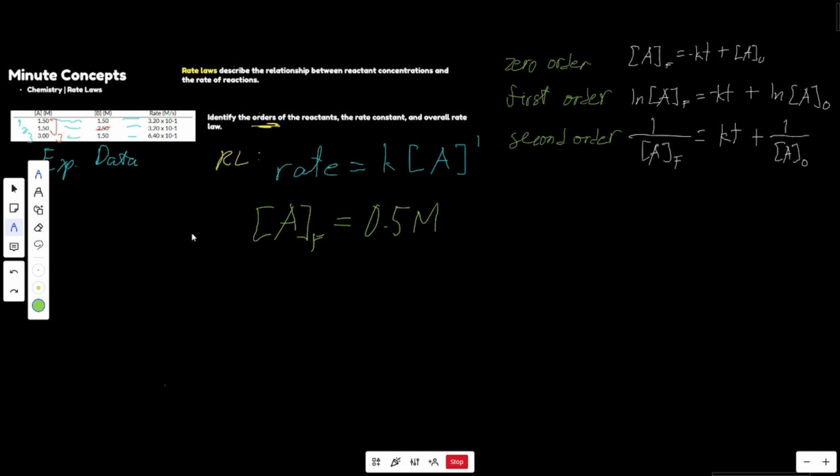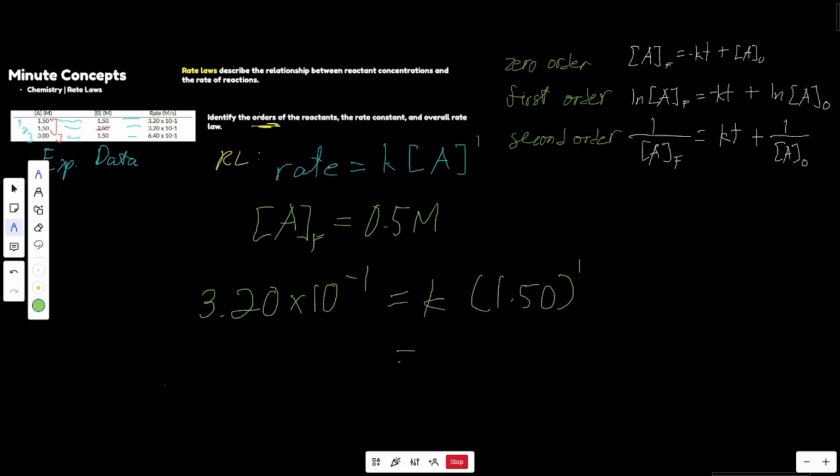Let's keep it simple and use trial 1. The rate would be 3.20 times 10 to the power of negative 1, and this is equal to K times 1.50 to the power of 1, or just 1.50.